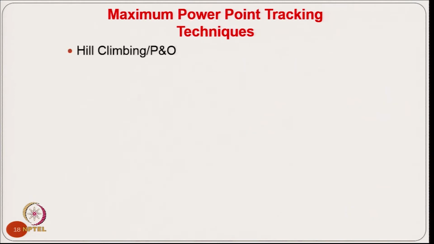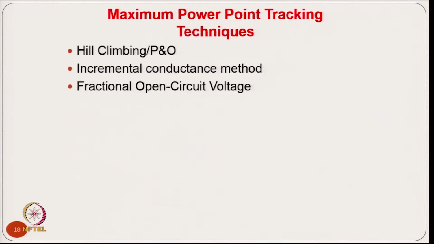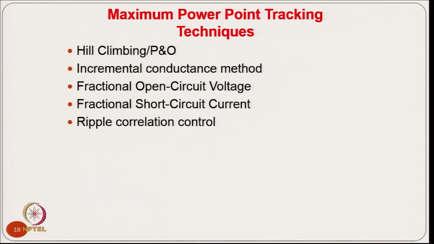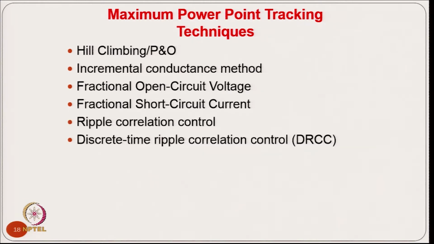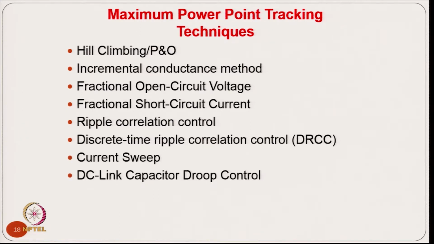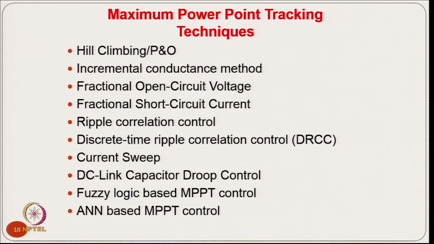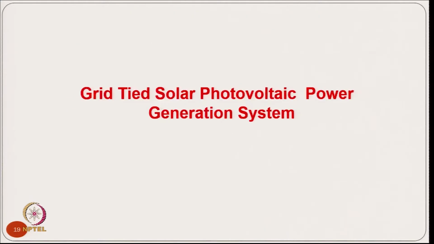Coming to maximum power techniques, you have a lot of techniques like hill climbing, also called perturb and observe, and the incremental conductance method. These are a couple of conventional methods, but there are many other techniques like fractional open circuit voltage, fractional short circuit current, ripple correlation, discrete time ripple correlation control, current sweep, DC link capacitor droop control, fuzzy logic based MPPT, and then ANN based, artificial intelligence based maximum power tracking control.